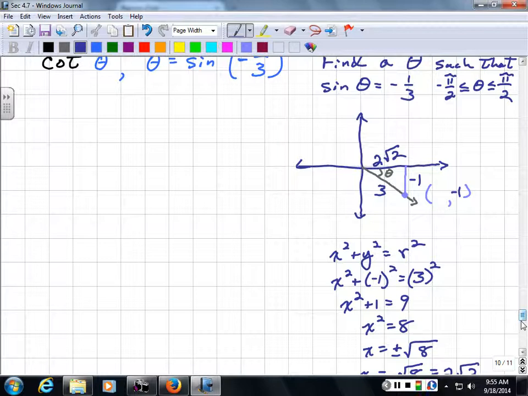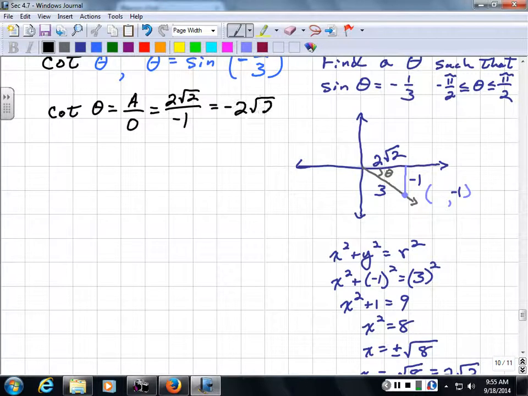Cotangent of theta is equal to adjacent over opposite, which in this case is 2 square root of 2 over negative 1. So simply negative 2 square root of 2. At no point did my fingers touch the keyboard of a calculator. We don't need no stinking calculators.